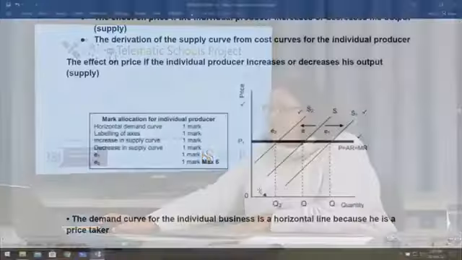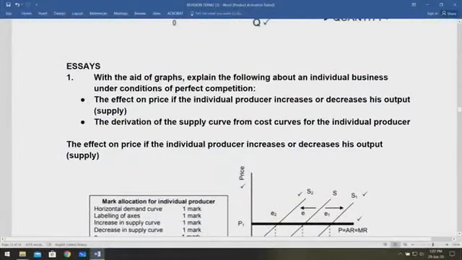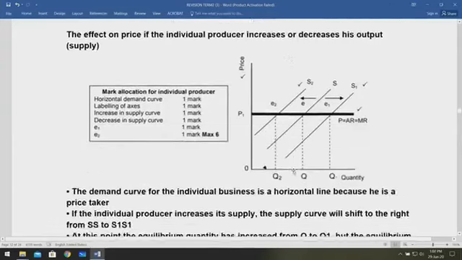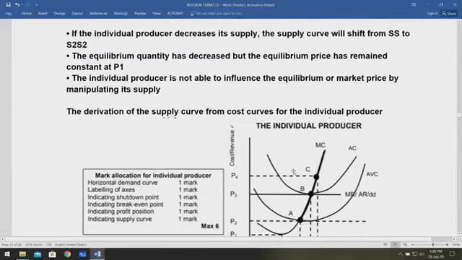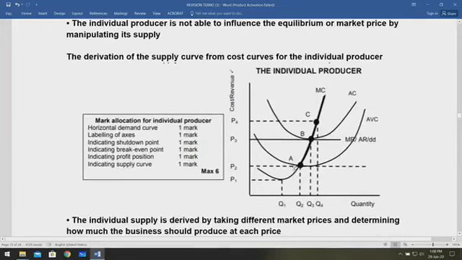Right. Then the second half of the question speaks about the derivation of the supply curve from cost curves for the individual producer. So now we're looking at the cost curves, and we've included your marginal cost as well as your average cost as well as your average variable cost.